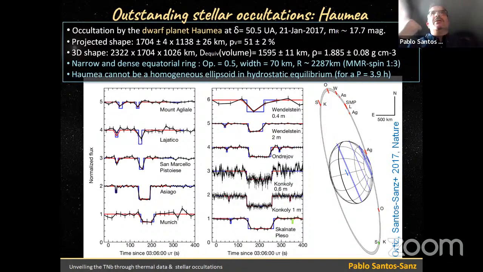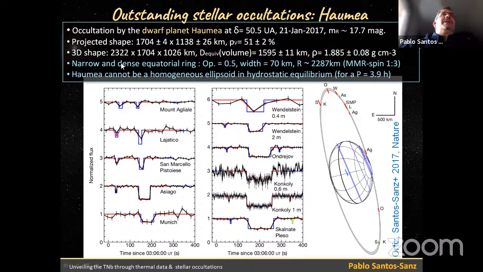In this case, Chariclo, but now for Haumea it is the same. One particle in the ring completes 1 revolution, and at the same time, the body Haumea, that is rotating at around 4 hours, completes 3 revolutions.